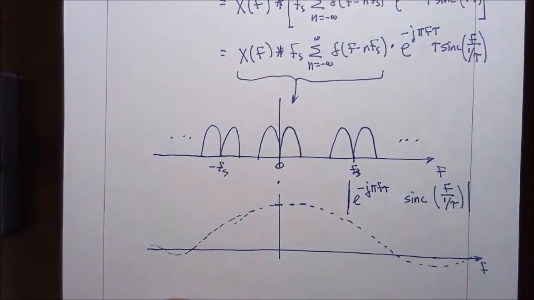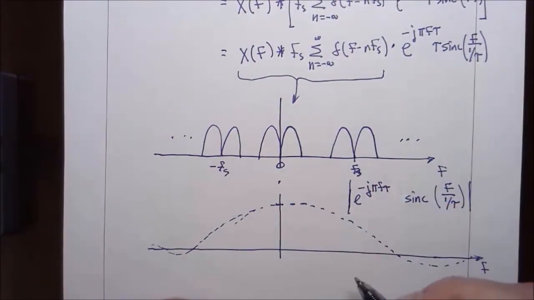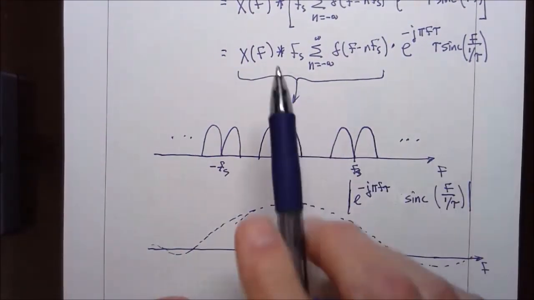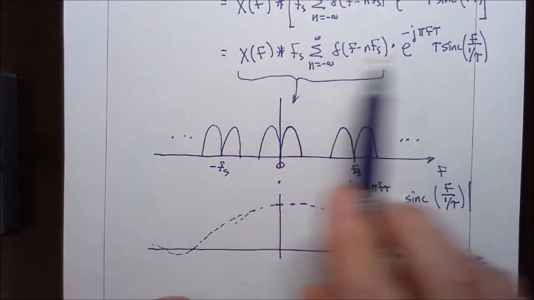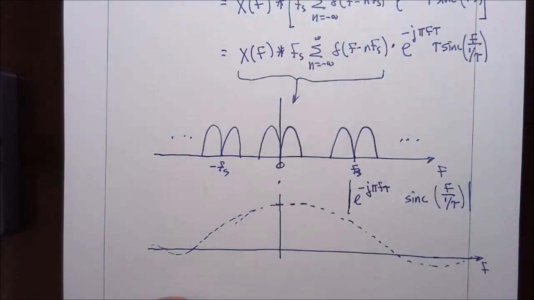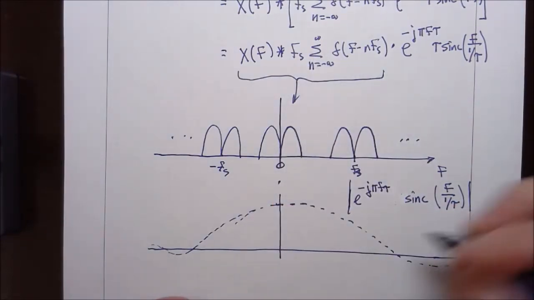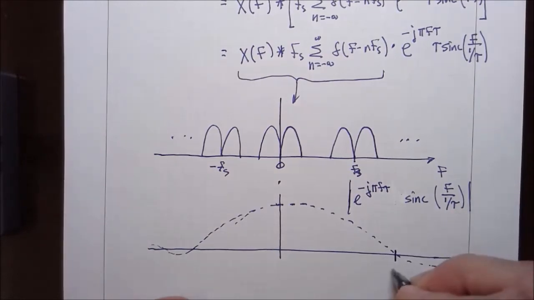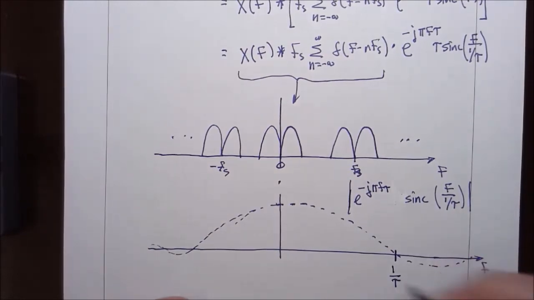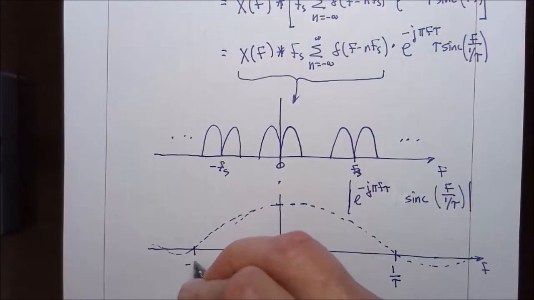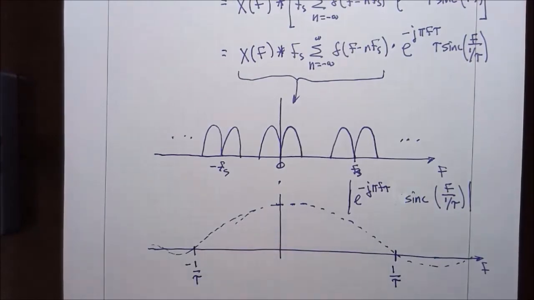If we look at the magnitude of that, it would look something like this. Again, I'm neglecting the scale factors because I'm not overly concerned about them. Anyway, this would have a crossing at 1 over tau and minus 1 over tau.